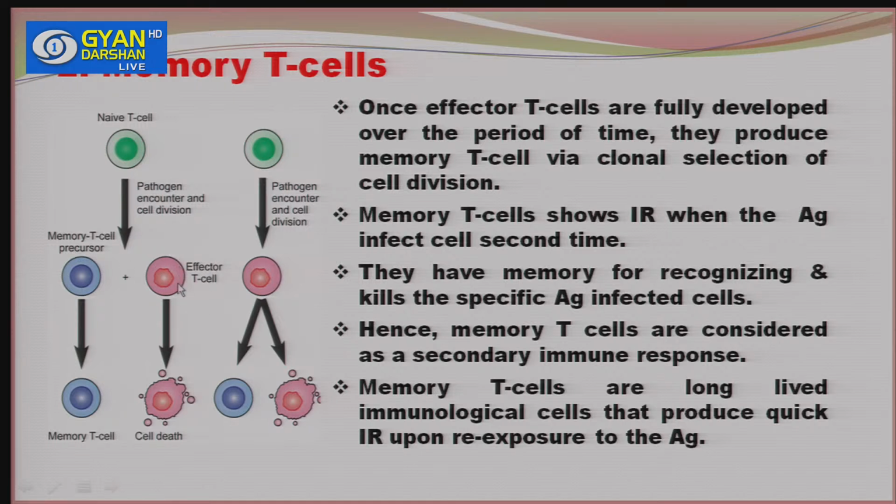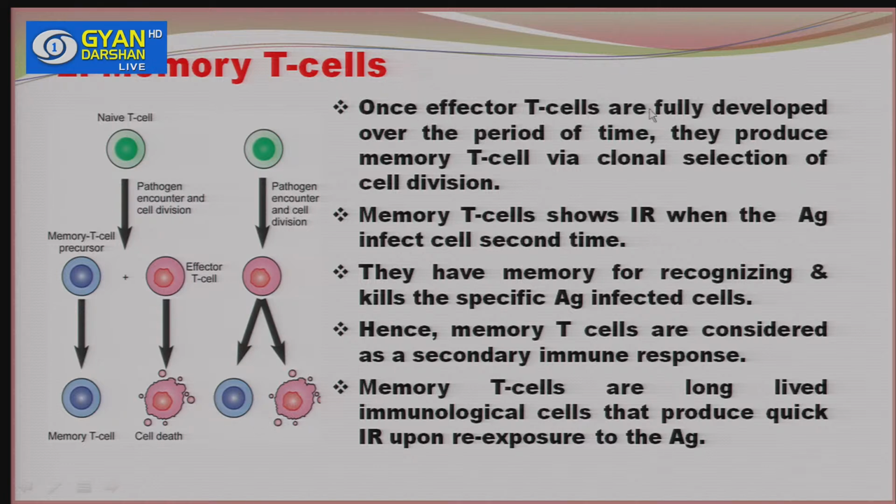Effector cells are able to kill the pathogens, and ultimately cell death will take place. Memory cells are able to generate memory cells. On pathogen encounter, cell division will take place and they will divide into two groups. In one group, cell death takes place; the other is the memory cells.